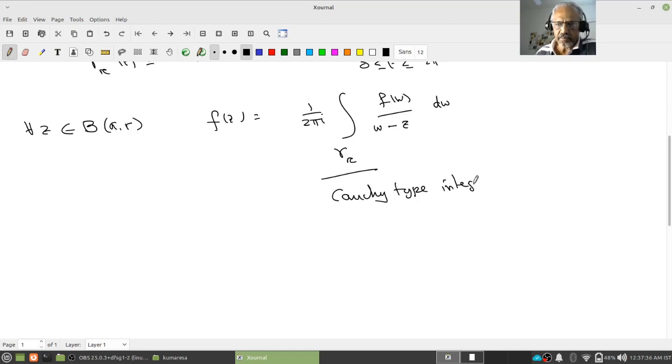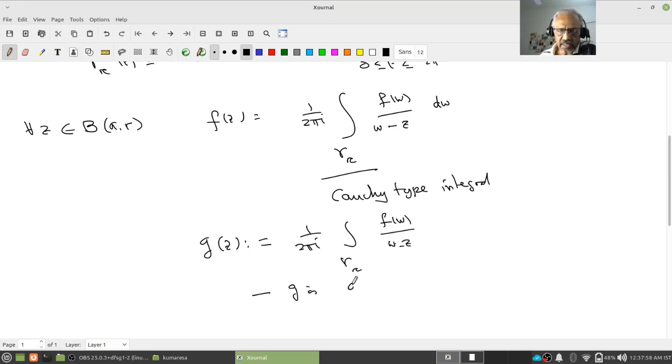When we defined differentiation and path integrals, we looked at this kind of integral and proved the following. If I define g of z equal to the integral over gamma_r of f of w by w minus z, the 1 by 2 pi i is not needed but let's keep it, then what I know is this g is analytic on C minus the image of gamma.